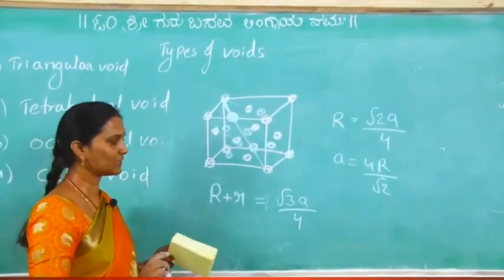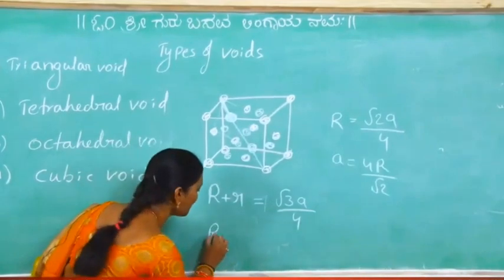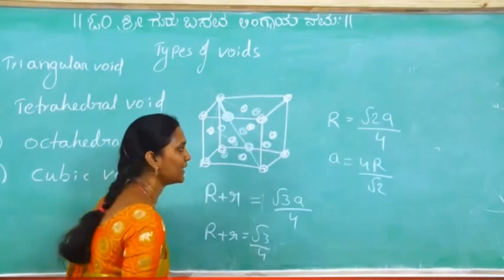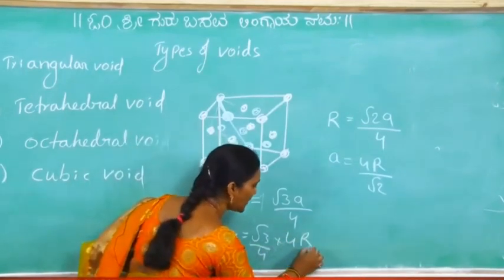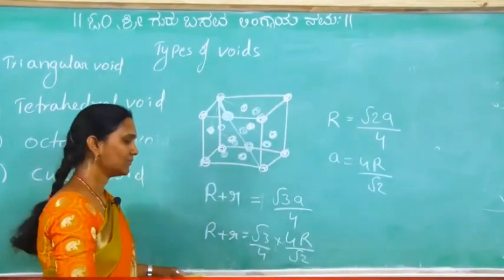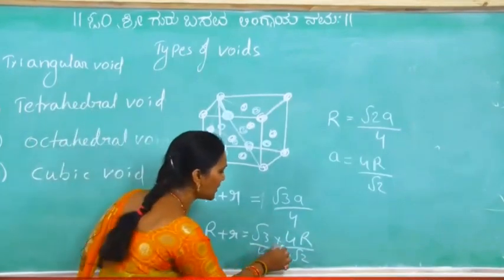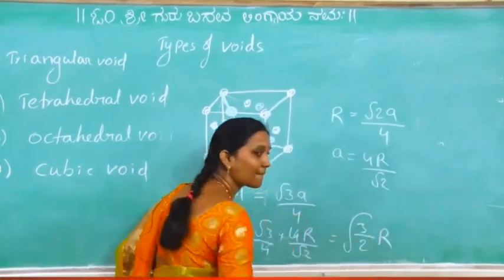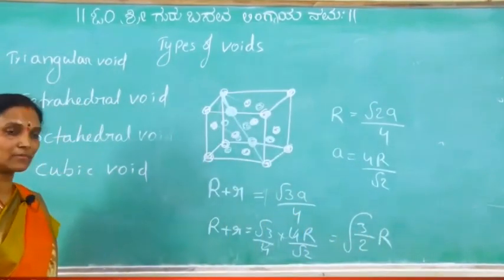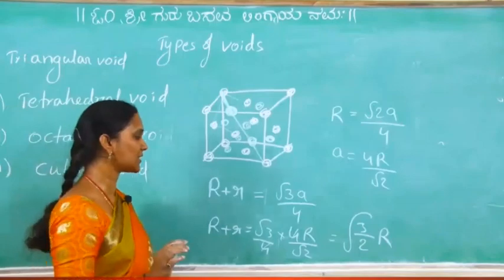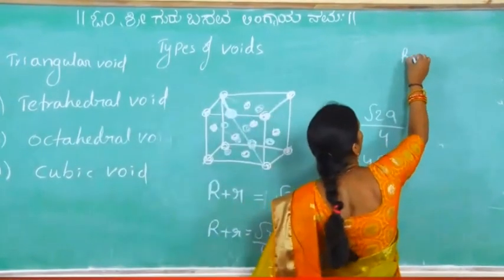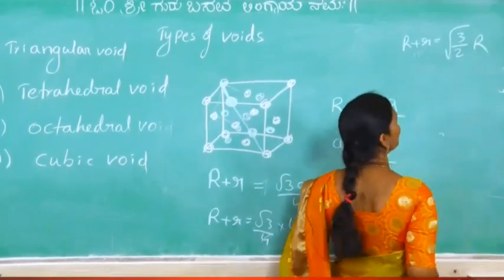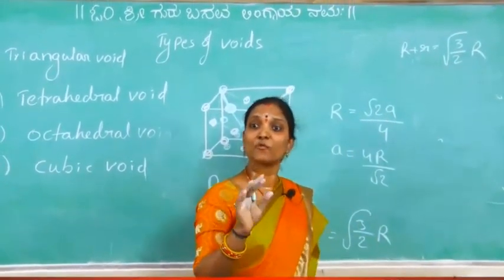Now what are we getting? R plus r is equal to root 3 by 4 into 4R by root 2, which is equal to root 3 by 2 R. Now we want the radius of void formula.